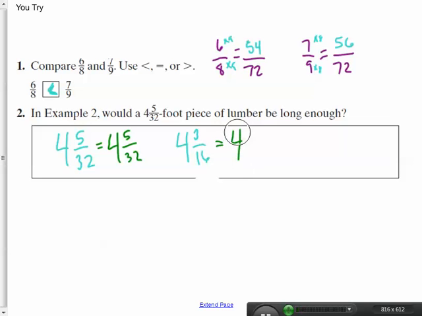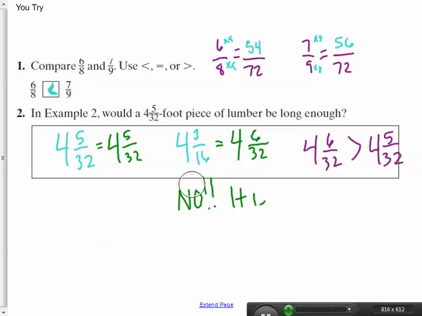So 3/16, when I find my equivalent mixed number, is going to be 4 6/32. So 4 6/32 is greater than 4 5/32. So is my piece of wood going to be long enough? No, it's not. It's going to be too short.